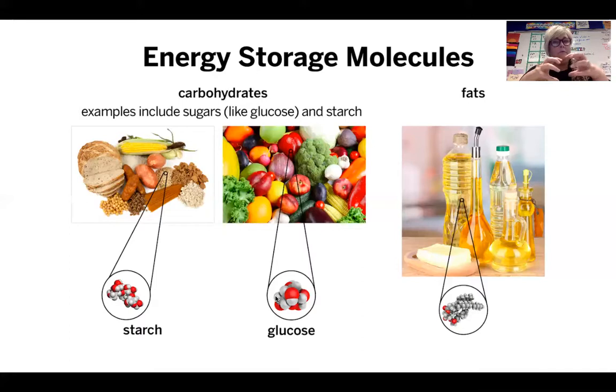And those are the energy storage molecules that our body would tend to kind of hang on to a little bit more. And so if you're talking about foods that are high in sugar or high in corn syrup, not very good for us, not very good at all. We tend to hang on to those.